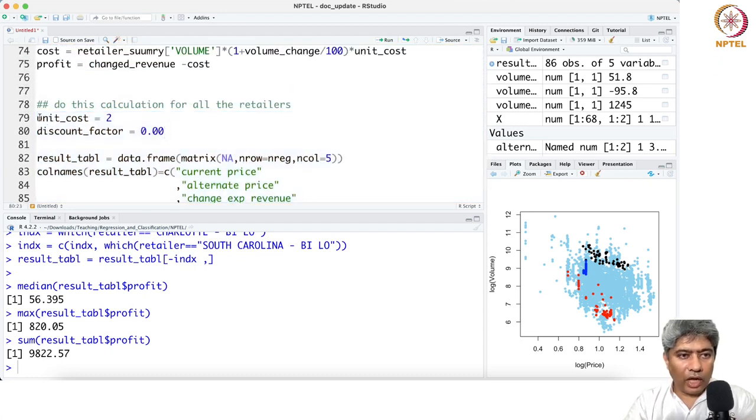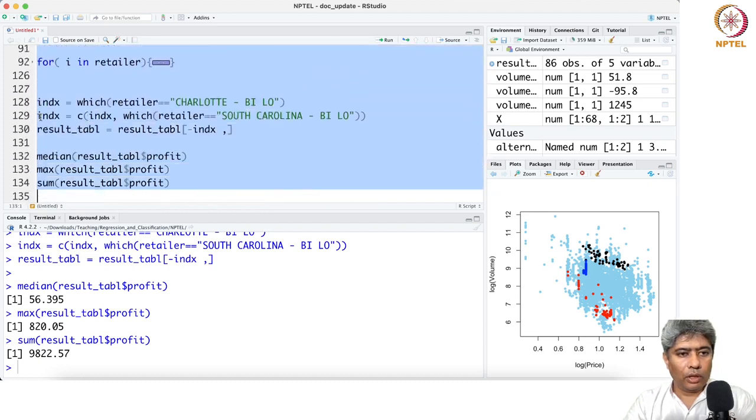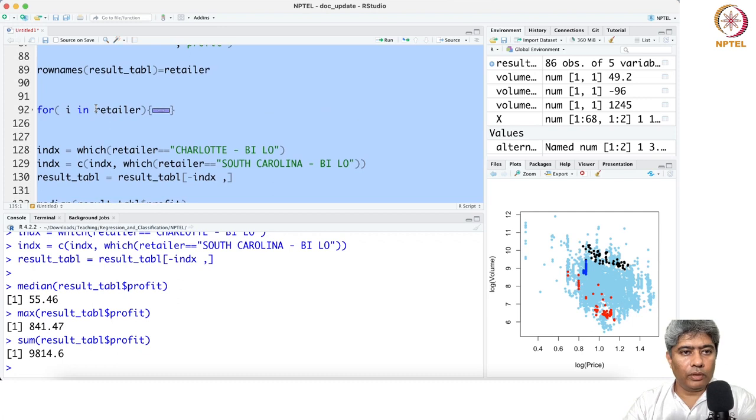So I will not give any discount. At the current price, my median profit is 55. Max I can earn is 841 from one particular retailer, and total profit can be expected to be $9,814.